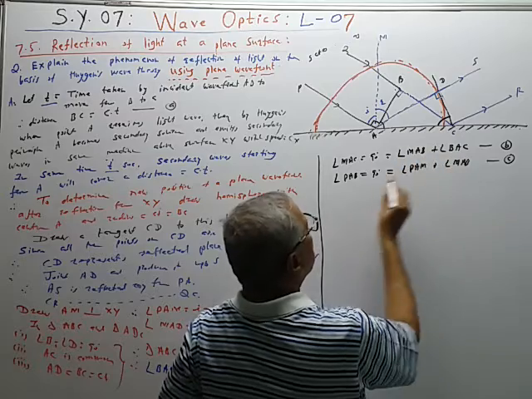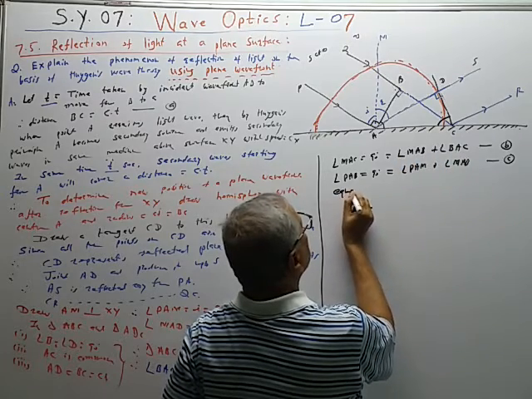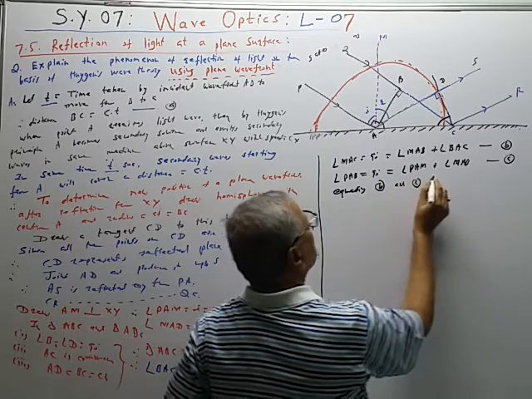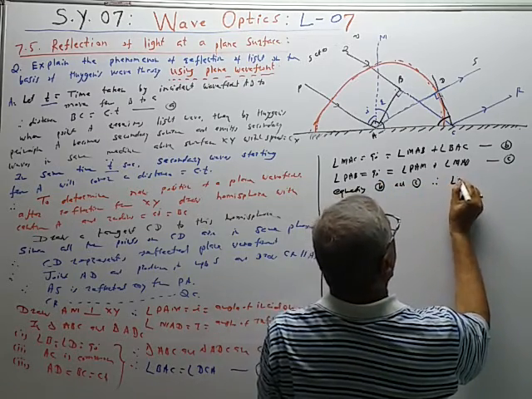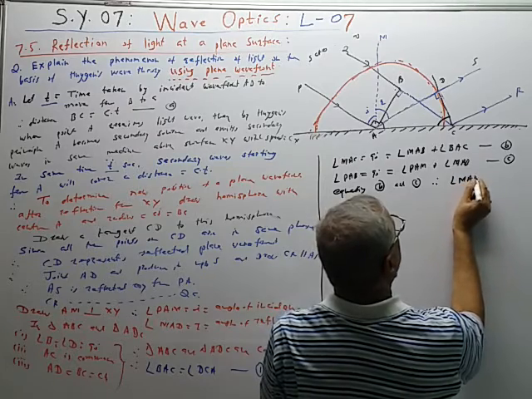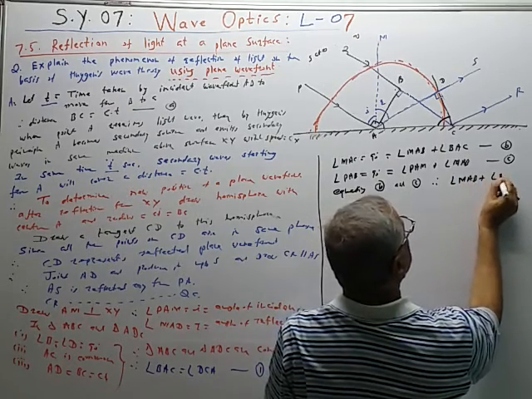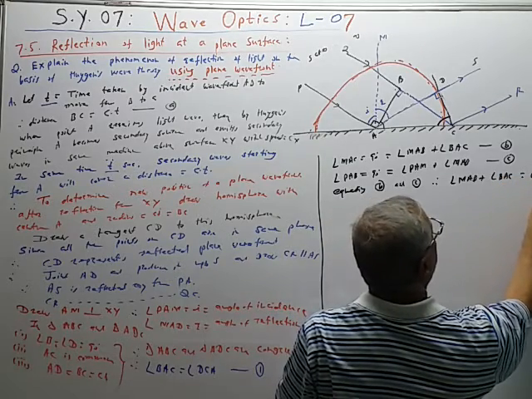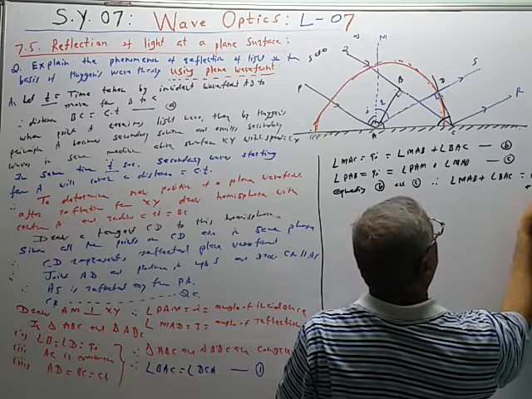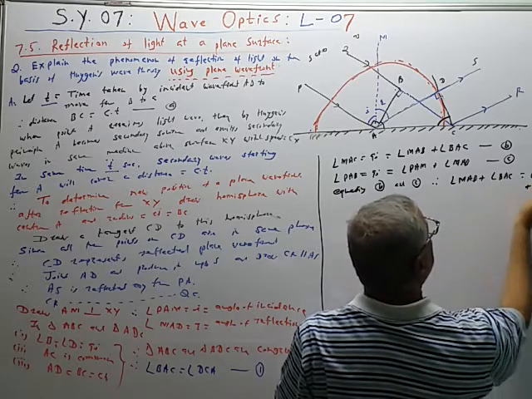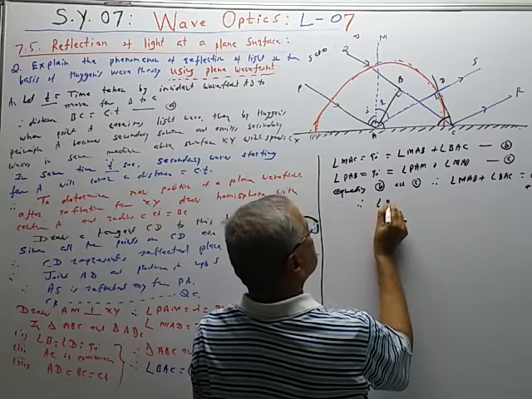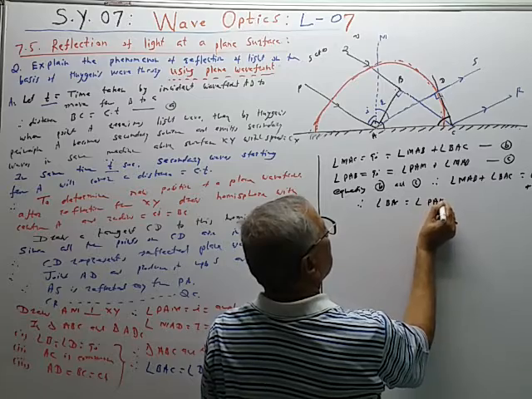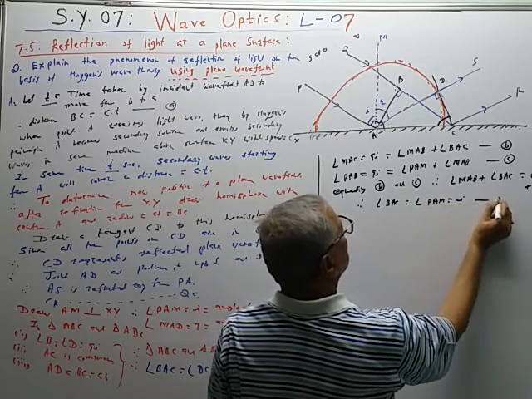So now if you equate B and C, angle MAB plus angle BAC is equal to angle PAM plus angle MAB. So MAB will get cancelled and therefore angle BAC is equal to angle PAM, which is equal to I.